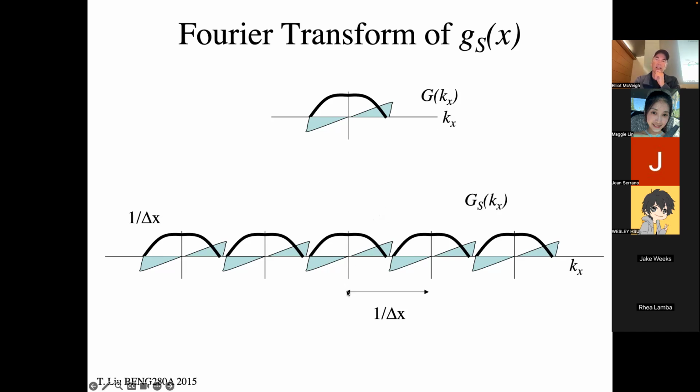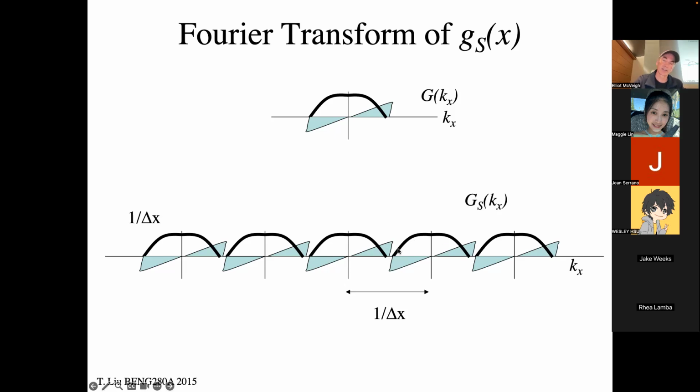When I look at my sampling train, separated by delta x, and I go to 1 over delta x, so let's look at this one first. This is g sub s of kx out to some value here, which is like 1/2 of 1 over delta x. And then I look at the values of g of x replicated around here.